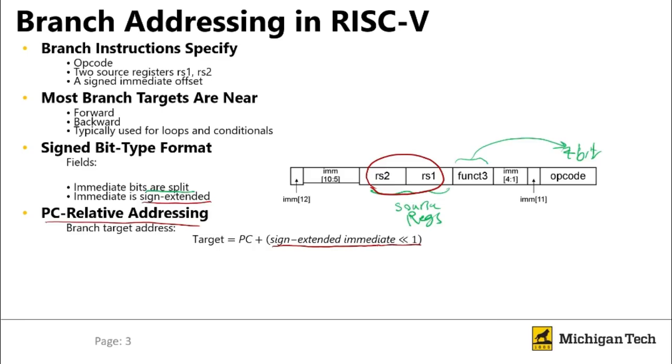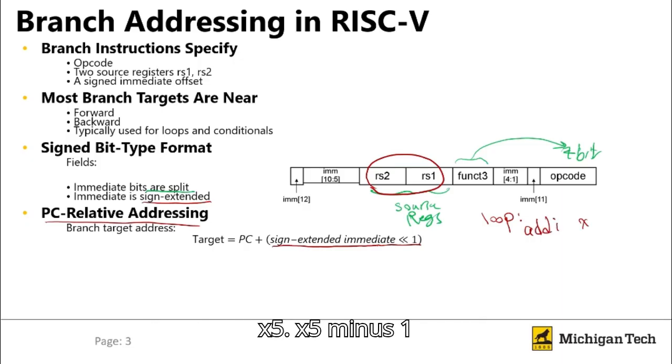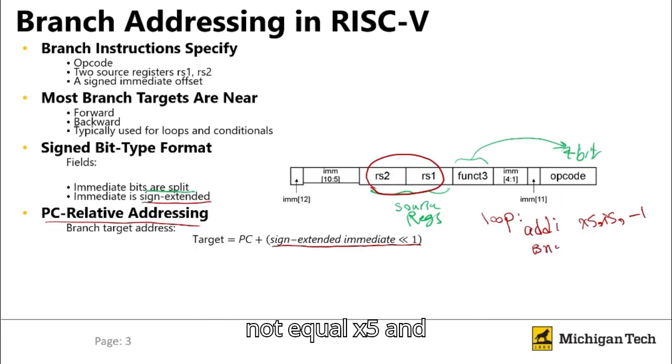Imagine we have this code, we have a loop and one instruction like add immediate x5 minus 1, and we have another instruction, branch not equal x5 and x0, loop.